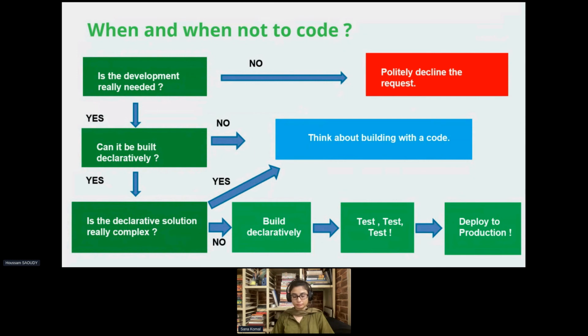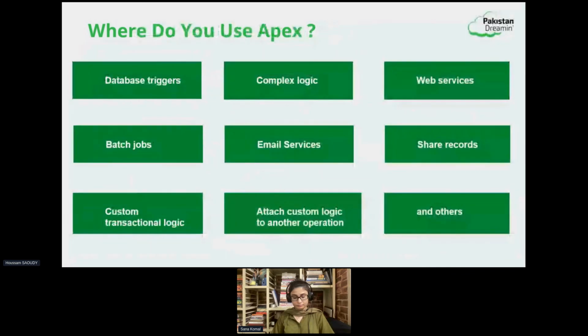So now let's look at some of the places where Apex is still the way to go. Code can be executed whenever a database operation is performed, such as when a record is added, regardless of what causes the operation. Batch jobs are scheduled events that iterate over many records.